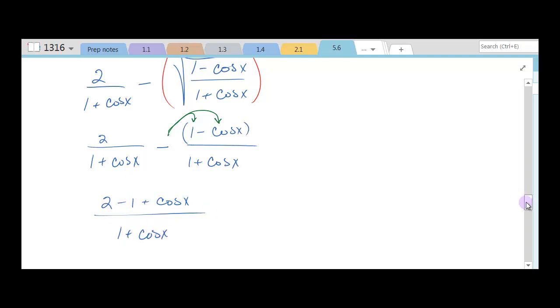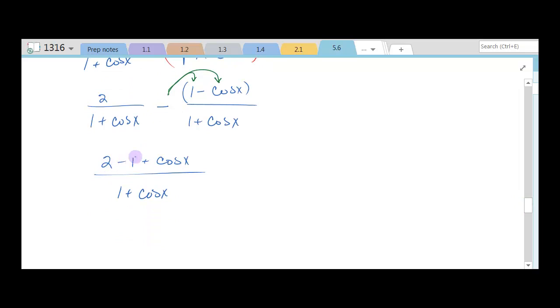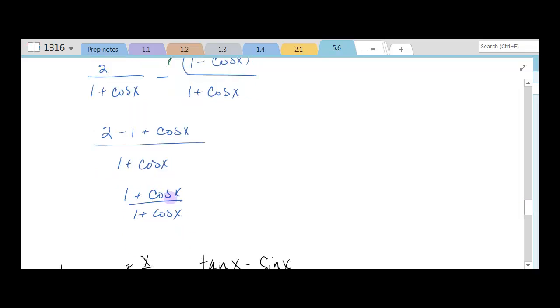Now we're just going to combine like terms up here, and I see 2 minus 1 is 1, plus cosine x, divided by 1 plus cosine x, and those are the same terms. So this just cancels out, and I get 1 equal to 1. So I just showed then that I can indeed turn the left-hand side into the right-hand side.